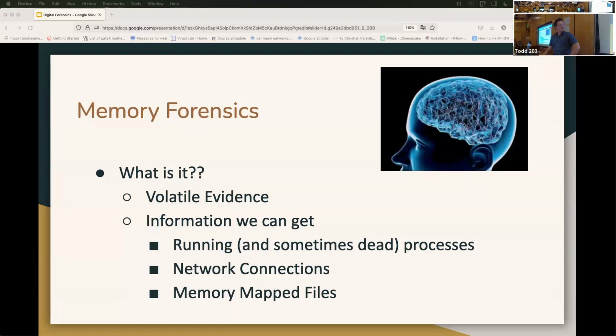So we can get our running processes and sometimes our dead processes. When we do a RAM capture, we're getting a snapshot of the system at the moment we do the capture, right? So we can get our running processes, we can get the network connections that were happening at that moment in time.